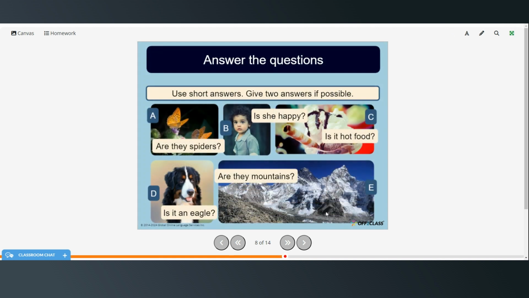Okay, so give some short answers. And it says give two answers if possible. So are they spiders? Well, you might say no, they aren't, or no, they're not.